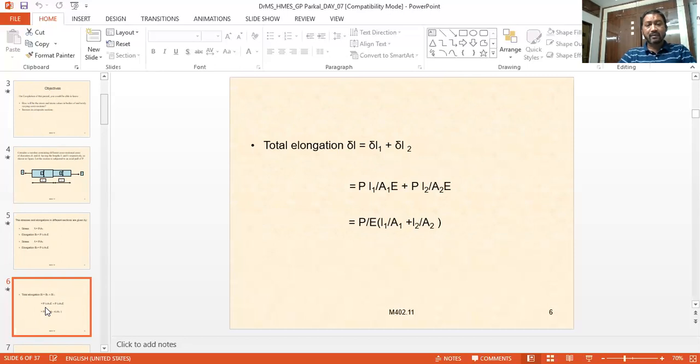That is equal to P into L1 by A1 into E plus P into L2 by A2 into E. Here the load P is constant for the two sections, and the Young's modulus is also constant for the two sections. So P by E is the constant term that we can take common. Then the elongation becomes P by E into L1 by A1 plus L2 by A2.